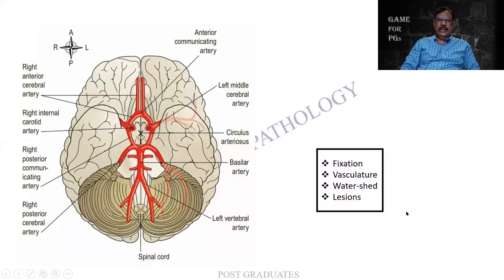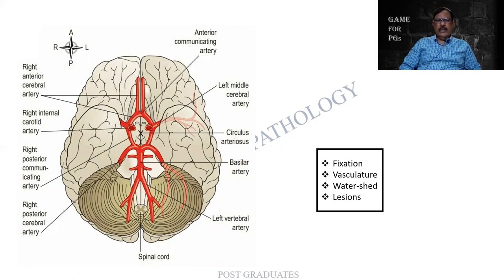We are nearing the end of the class. So, a picture like this, what all should you people be remembering? As I told you, you find that there is a vertebral artery, basilar artery, and then the circle of Willis. What are the modes of fixation? What are the lesions I can find in the base of the brain? Is it transparent or is it translucent?